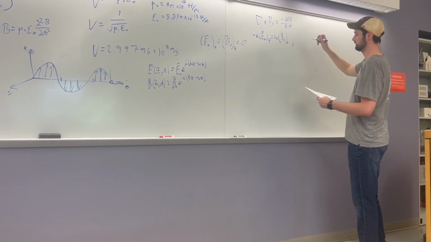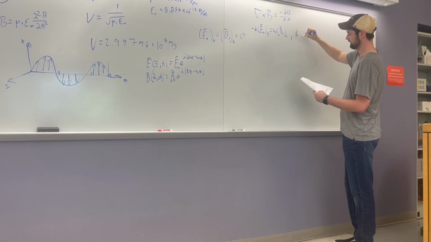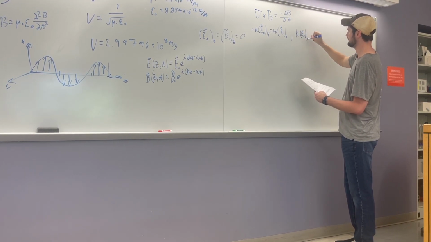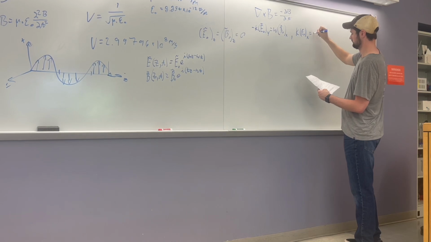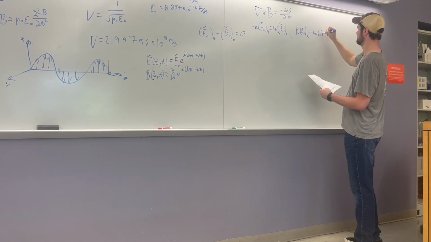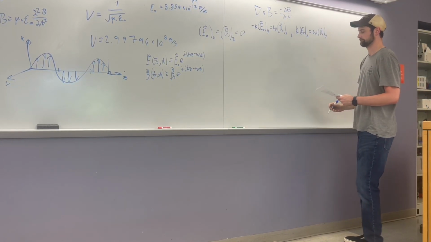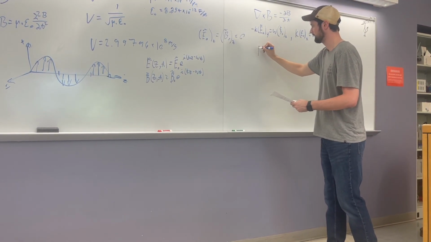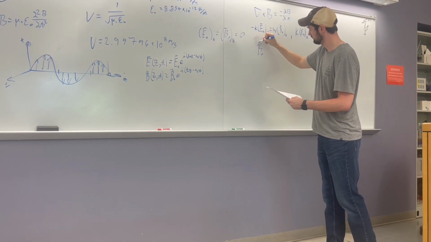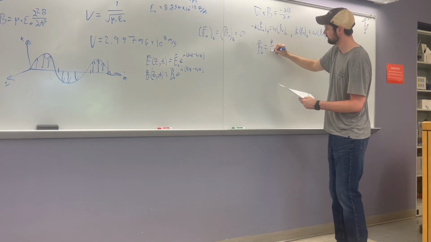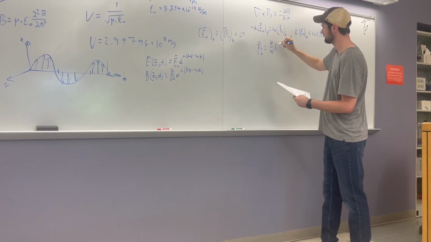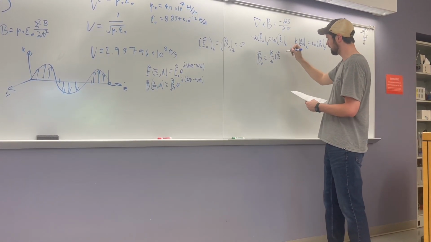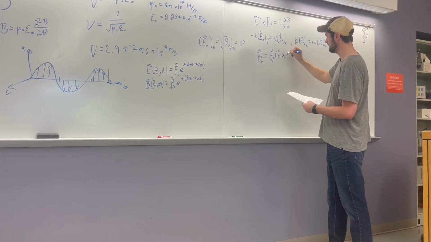And similarly, k times E naught in the x direction is equal to omega B naught in the y direction. This can be simplified to this. B naught is equal to k over omega times z hat, the unit vector z, crossed with E naught.